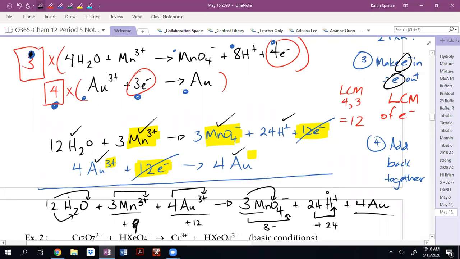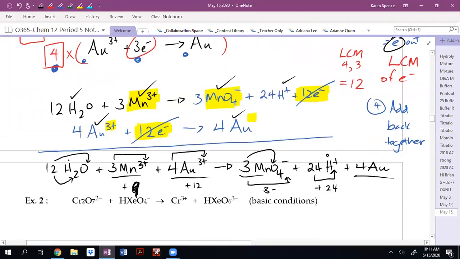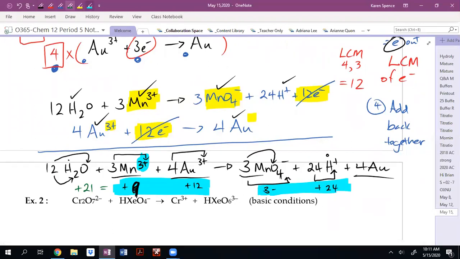There we go. That's better. My charge wasn't working. So we have 9 and 12 is positive 21. And you see how by checking my charge, I noticed that I wrote the charge wrong. And over here we have negative 3 and 24, which, thank goodness, is actually equal to 21.